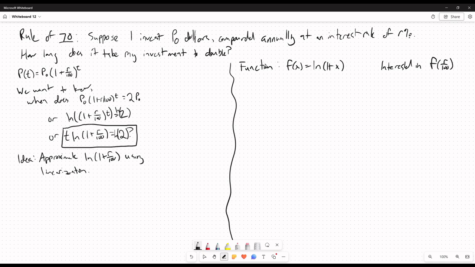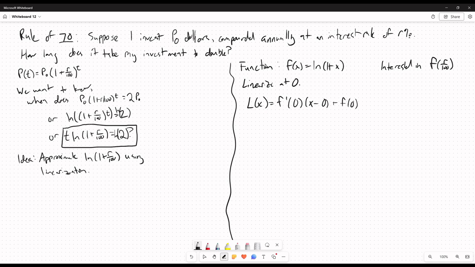And that's a pretty small number, so we're going to linearize at 0. So let's go ahead and do our linearization. We'll have L of x equals f prime of 0 times x minus 0 plus f of 0.